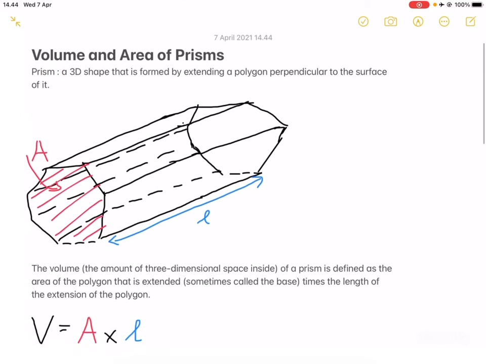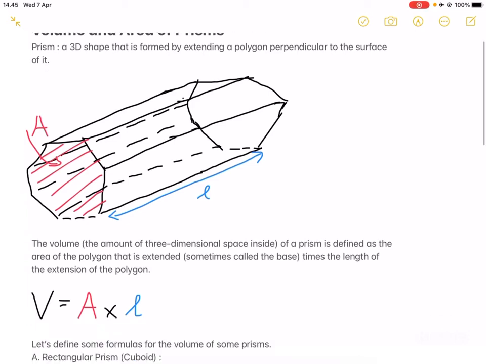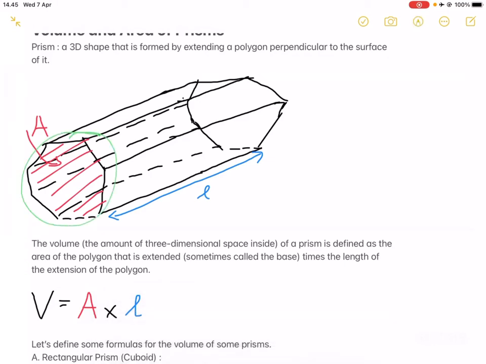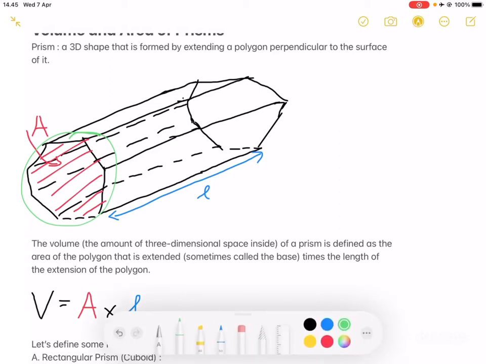The definition of volume is the amount of three-dimensional space inside. So the volume of a prism is defined as the area of the polygon that is extended, the one shaded in red here, which is also commonly known as the base, times the length of the extension of the polygon, meaning how long the prism is being extended.